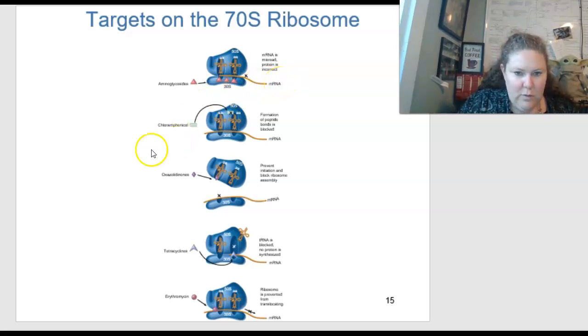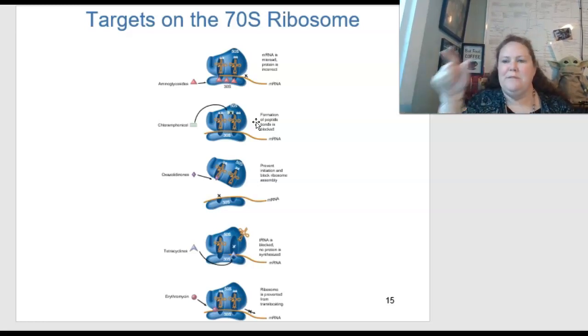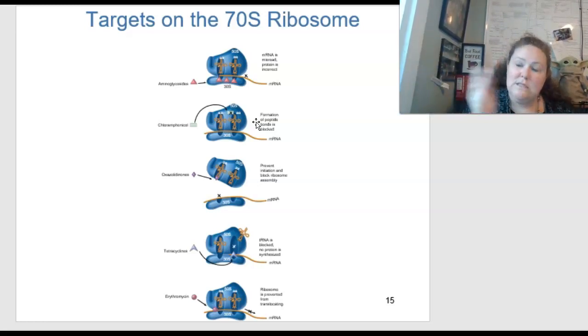Then another one, this here is the chloramphenicol, and this is where the formation of the peptide bonds is blocked. So we're not going to be able to make our peptide bonds. And remember, those peptide bonds are what link the peptides together in the primary string of protein, the polypeptide chain, which therefore folds into an active protein.